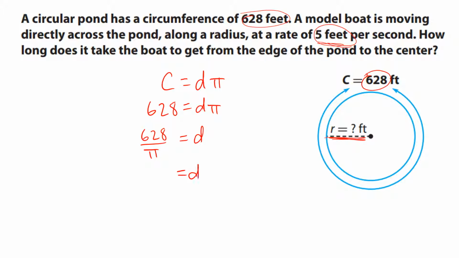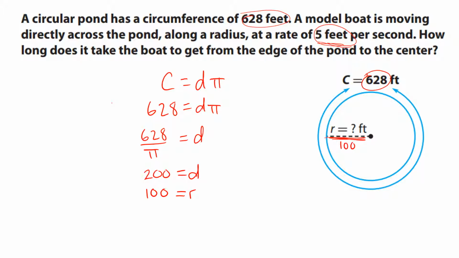So the diameter is 628 divided by 3.14. Let's see, that's 200. And so that means the radius is half of that. It's 100.